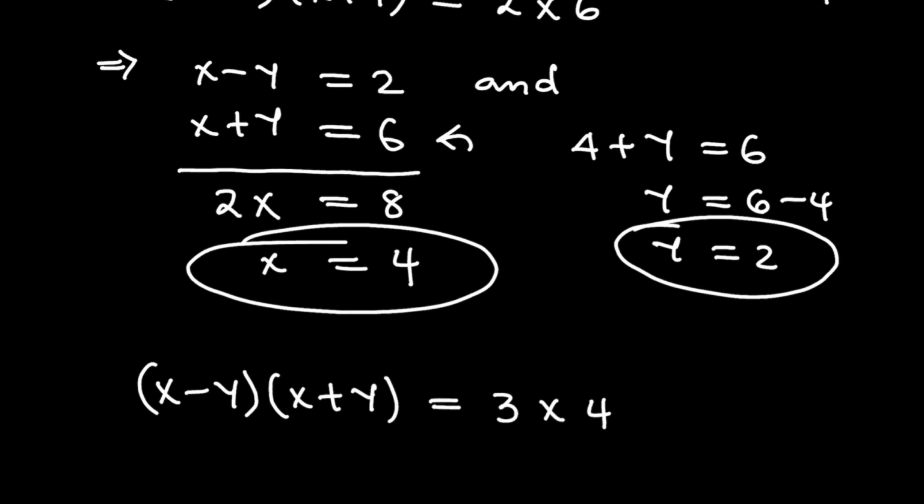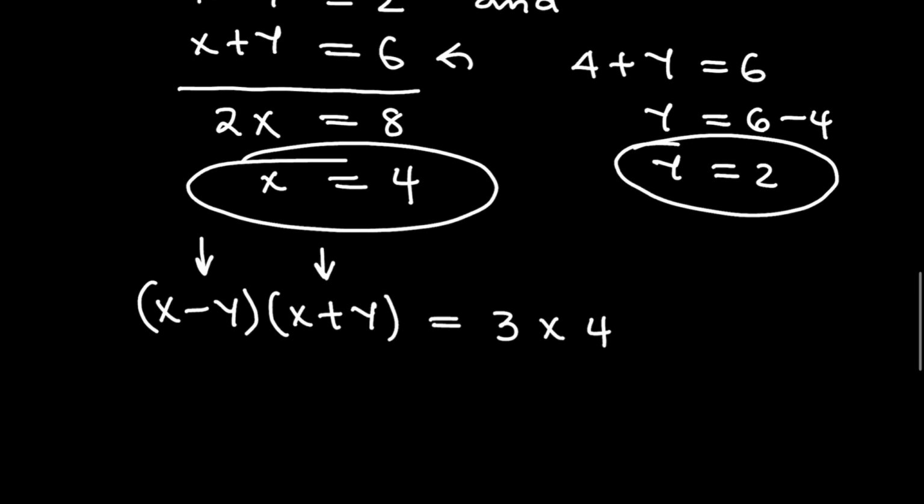Remember, the 3 must always come before the 4 because the first bracket here is less than the second bracket here. So we equate x minus y to 3 and x plus y to 4.